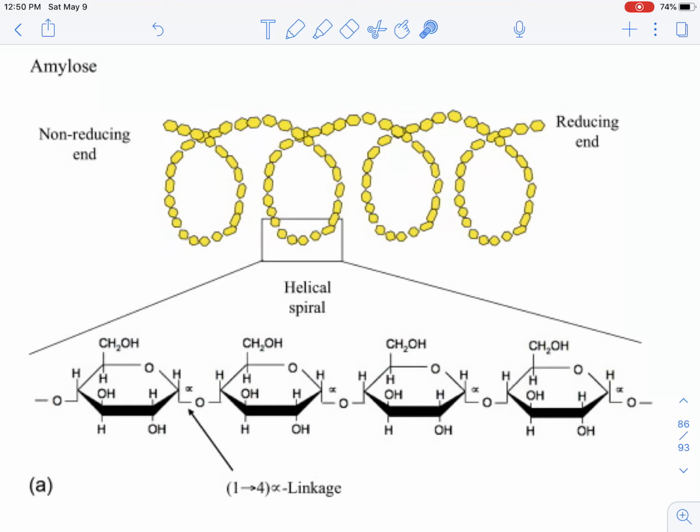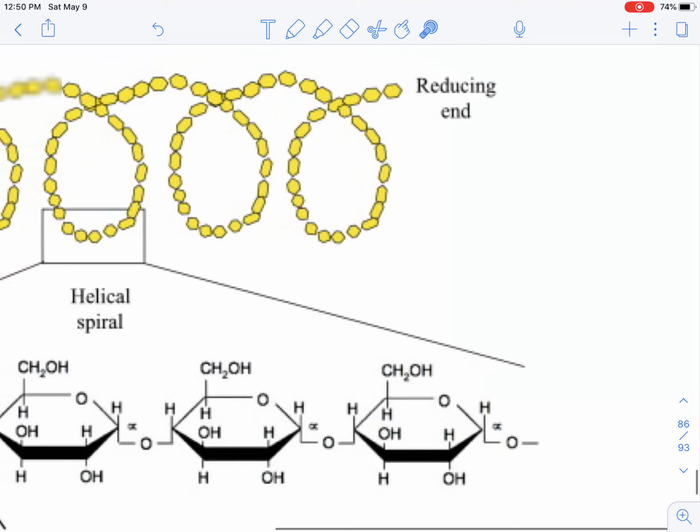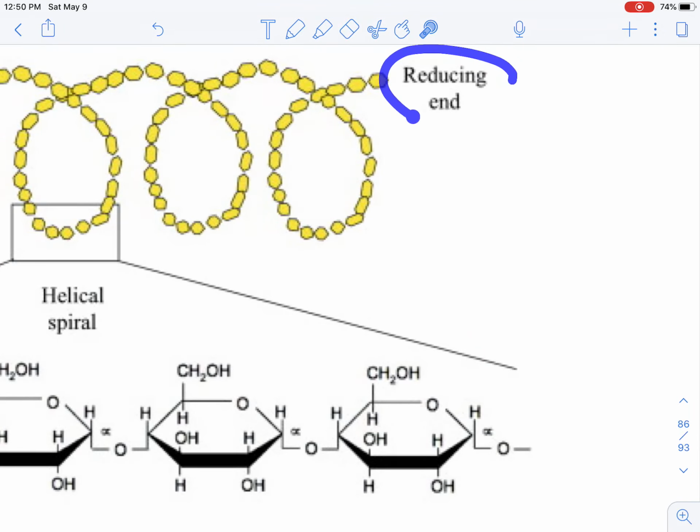It can undergo another dehydration reaction, thereby extending the length of this polysaccharide. And so if I zoom in here on the right hand side, hopefully you will understand why this is known as the reducing end. And so here, if we mark this as the anomeric carbon, notice that this OH, this hydroxyl group that's pointing downwards, has the potential to create another covalent bond with another glucose molecule.